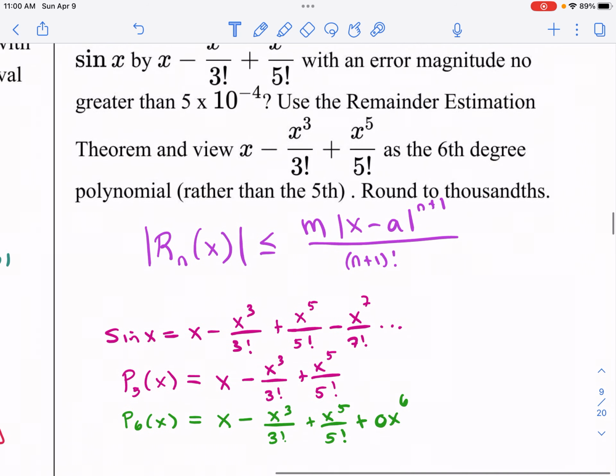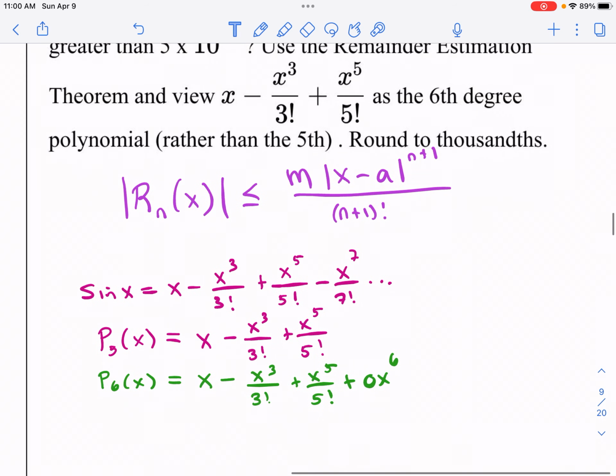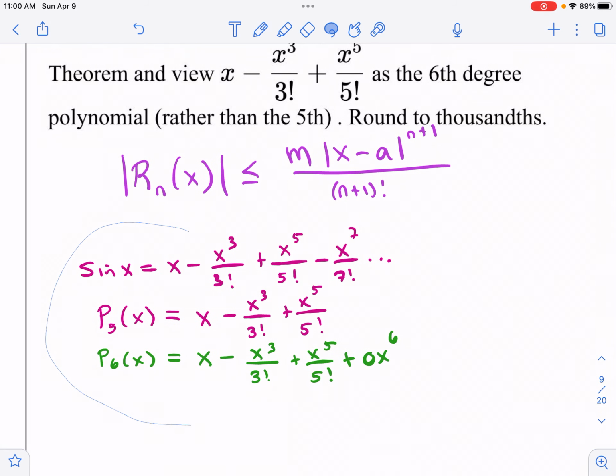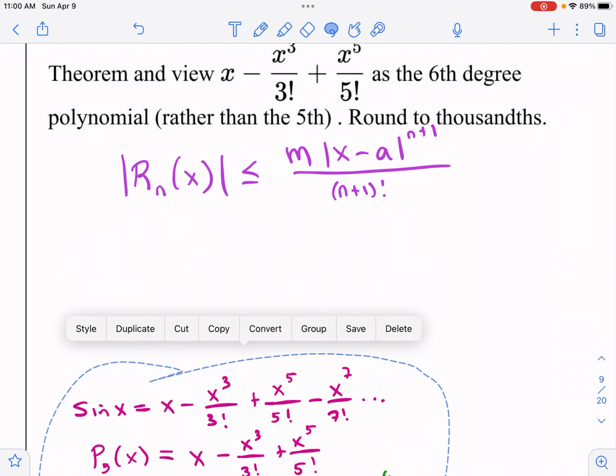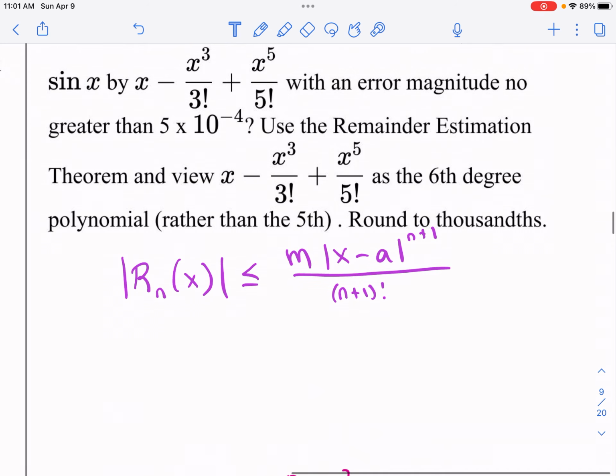Okay, so with that in mind, let's use this formula and see what it looks like. Let's just note what things are. So n's now going to be 6. n is our degree. We'll deal with m in a second. x we're going to leave blank, because we're actually looking for a range of x values, so we're going to get an inequality that we basically solve. a is the center.